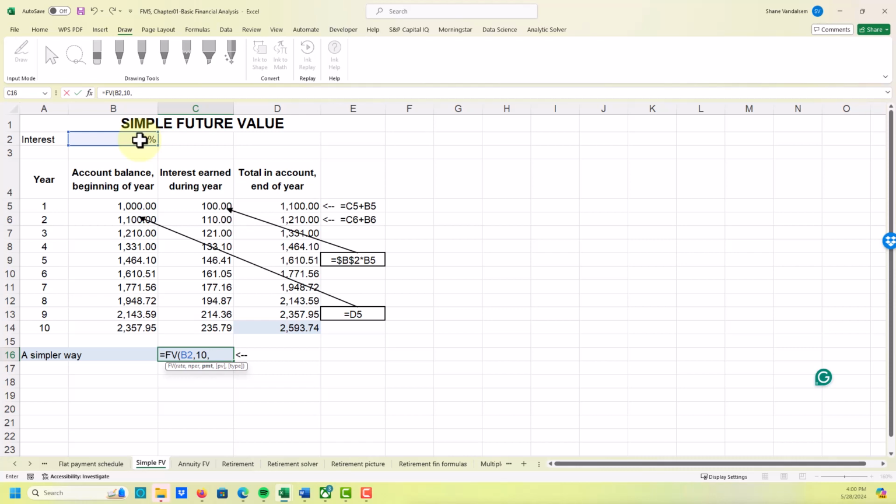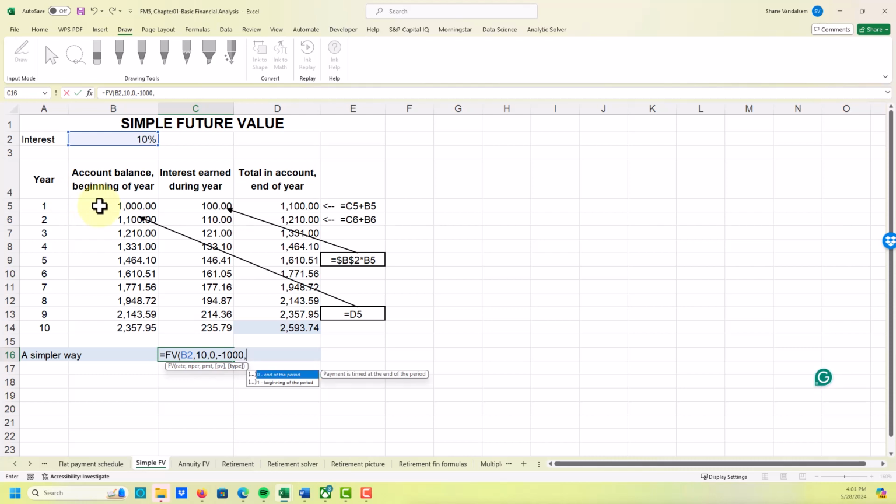Our payment is equal to 0 because this is just a lump sum. Our present value is going to be that $1,000, and we want to make this a negative number so that we end up with a positive number. So we made a $1,000 cash outflow, so I'll put negative 1,000 for our initial cash outflow.